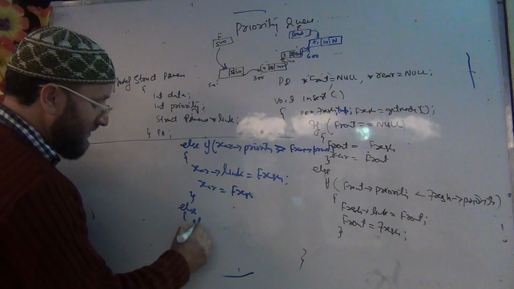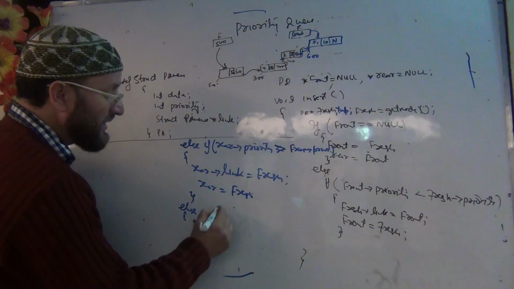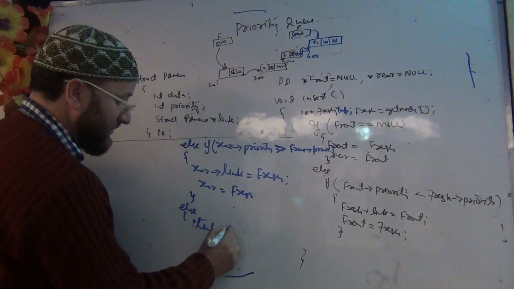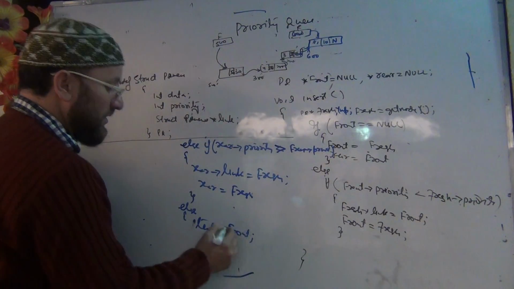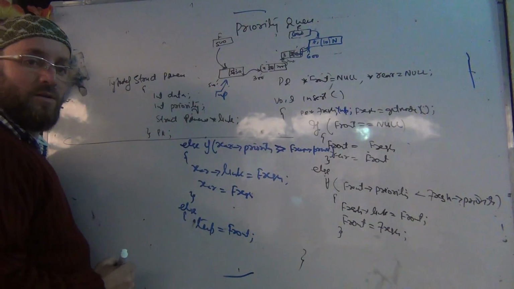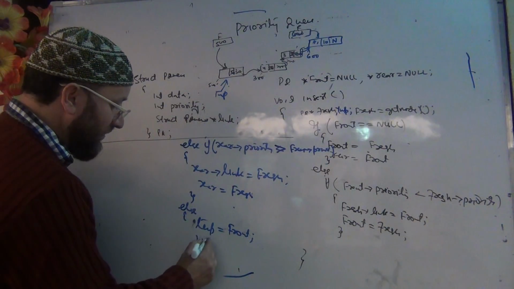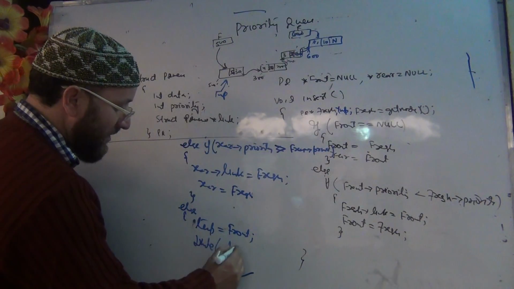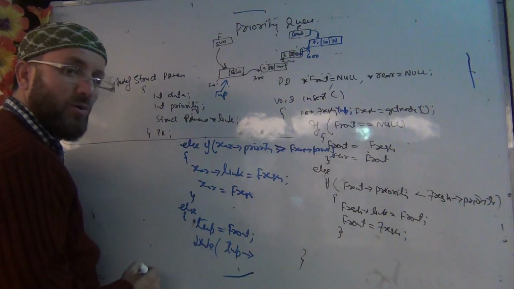I will say temp is equal to front, so that temp is pointing to this. Now I use a while loop: while temp arrow link is not equal to null.